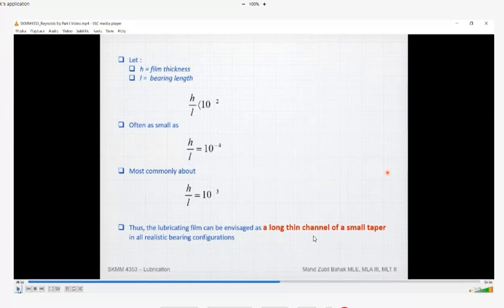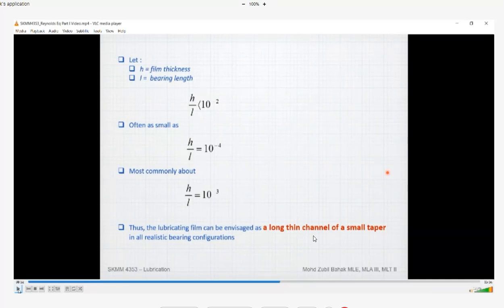So this statement, that a long thin channel of a small taper, is very important. That's why we need to learn viscous flow first and understand that we have two types of flow: one is Couette, the other is Poiseuille flow.